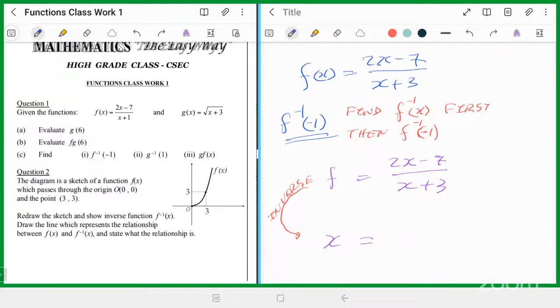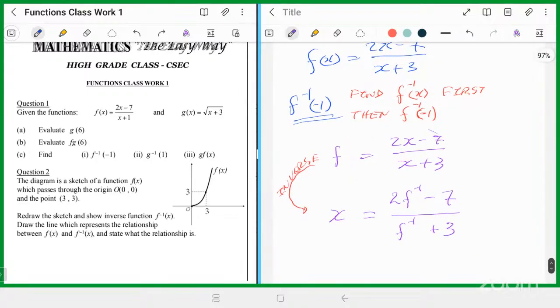They're going to become range on the inverse. Range on the inverse of a function f is written f to the minus 1. So it's going to become 2 times f to the minus 1, minus back this 7 divided by this x, which also becomes range on the inverse, f to the minus 1 plus 3.